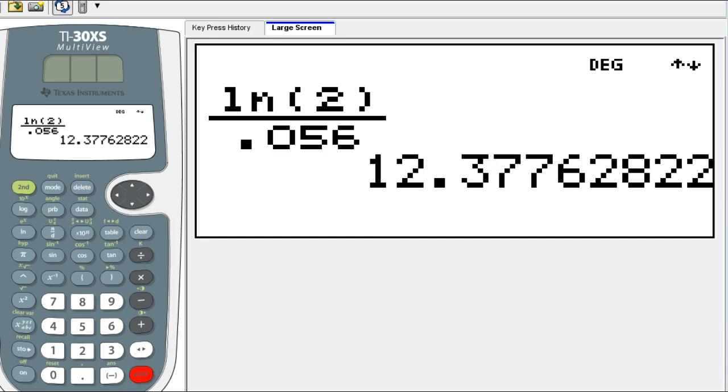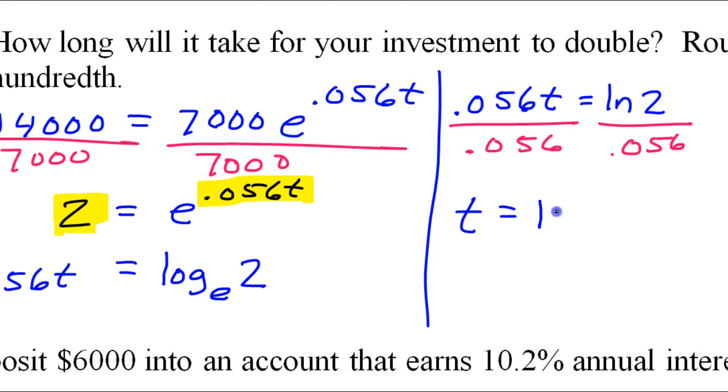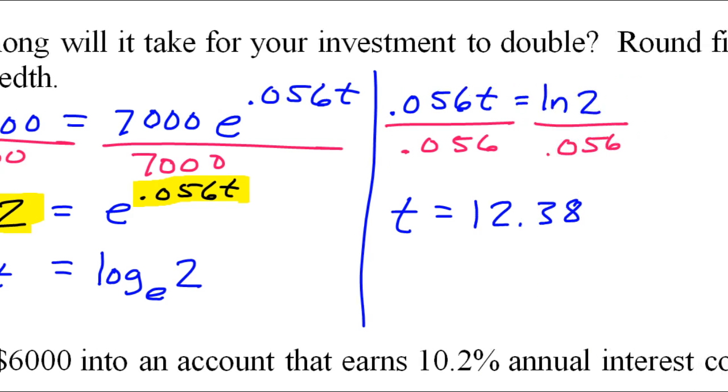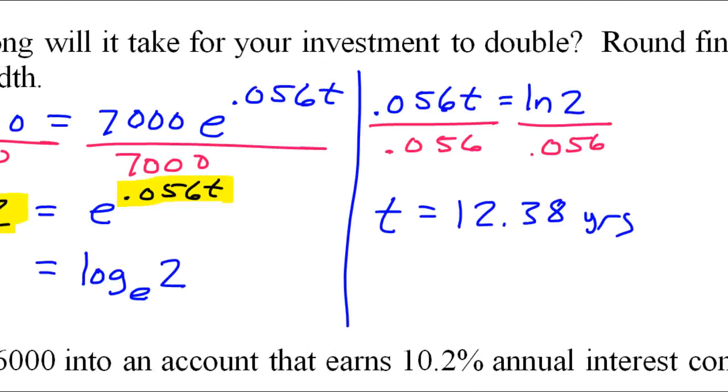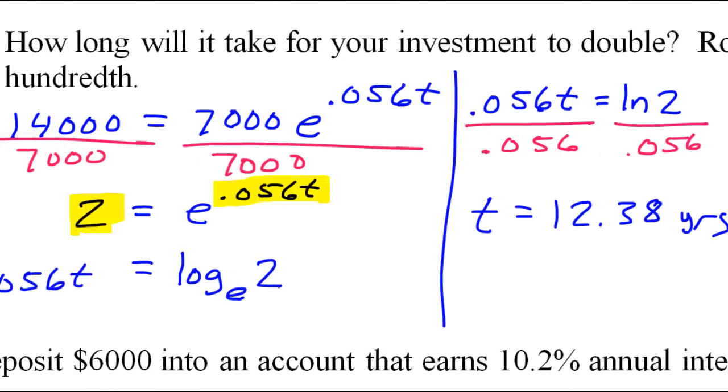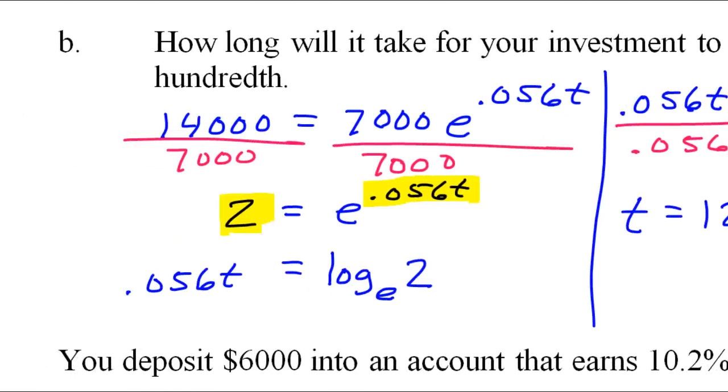Got to round up. We're talking about time in years, so this is years. That is the answer to that question. It would take a little over 12 years for your investment to double at this rate.